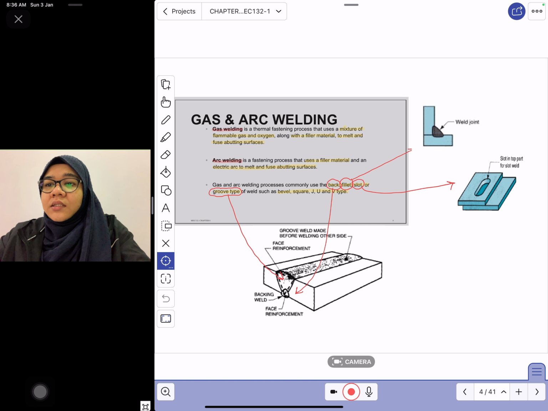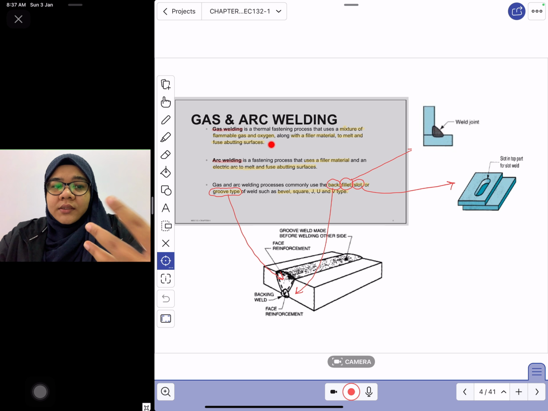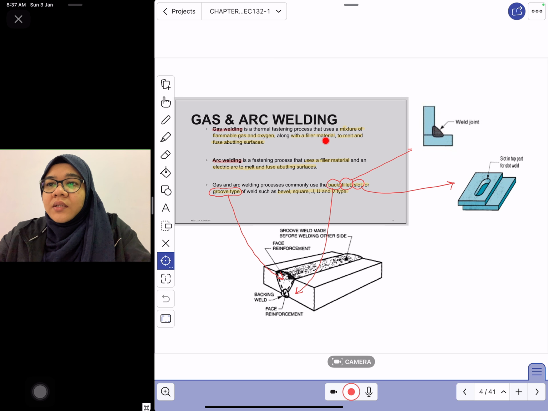Okay, next, this explains the gas and arc welding. So what is the major difference between gas and arc welding? The main difference between gas welding and arc welding is the heating process. For gas welding we use a mixture of flammable gas and oxygen to get the heat to melt the base material, along with a filler material to melt and fuse abutting surfaces.